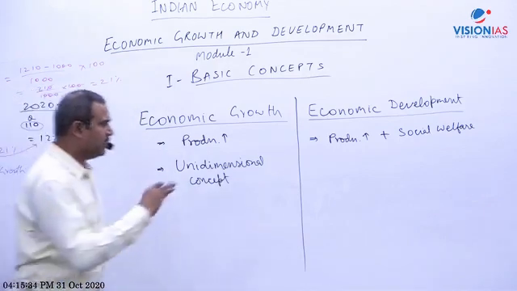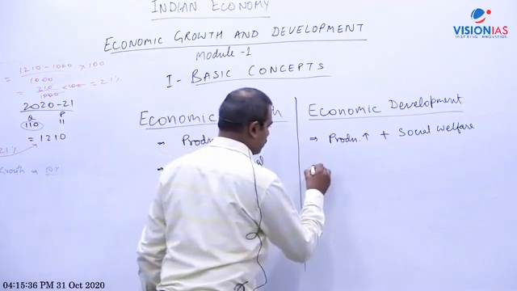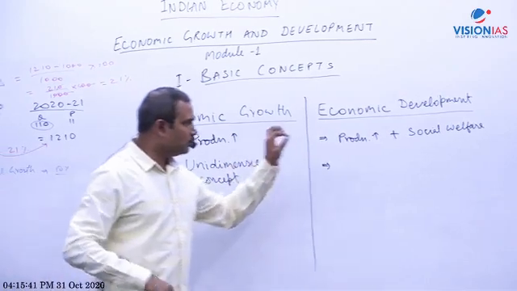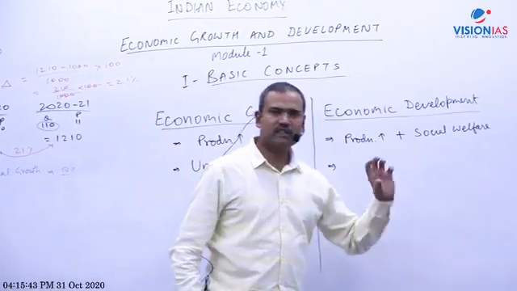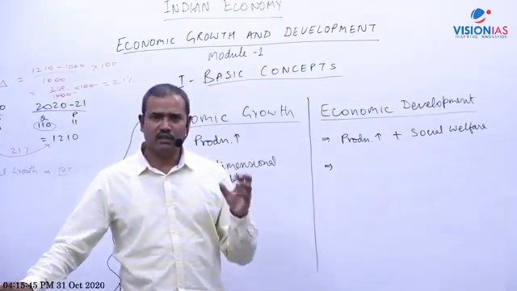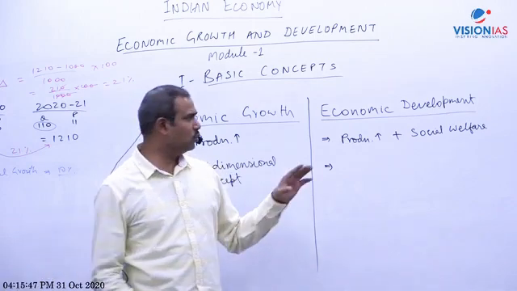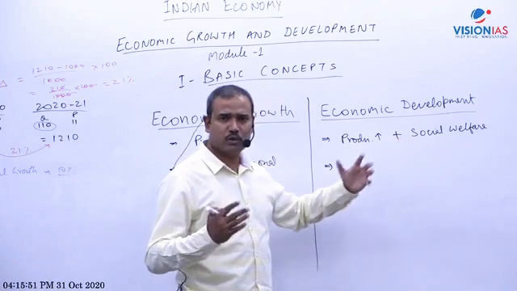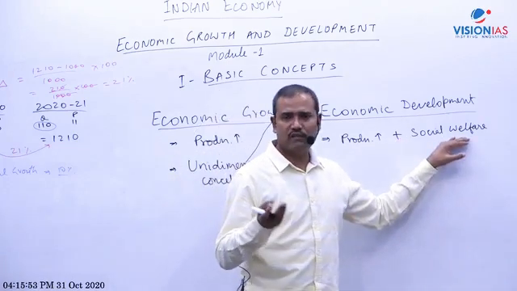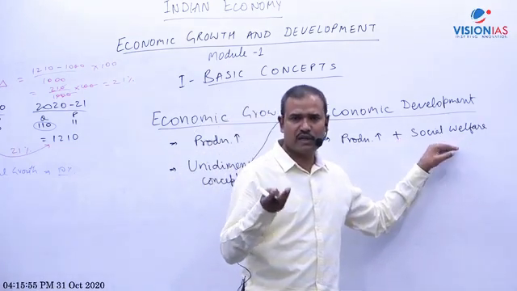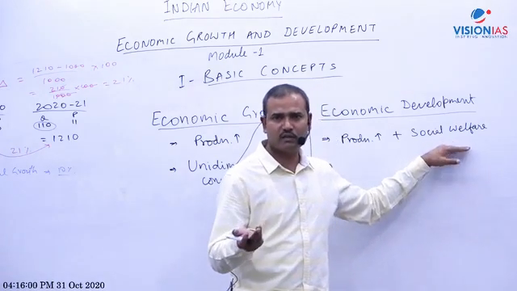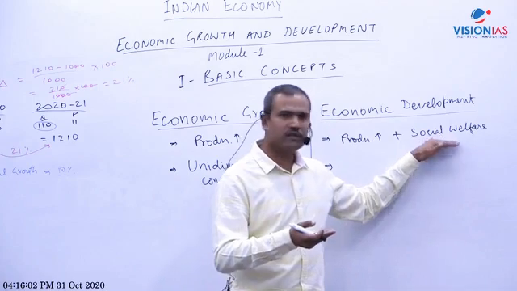Okay, now how many dimensions are there in this? One, two, or many? So the answer is obviously many, not two. Welfare itself is a multidimensional concept. It has a lot of dimensions. Welfare depends on what? Welfare depends on education, health, environment, psychological well-being. A lot of aspects are there. Social and cultural aspects are there which affect welfare.